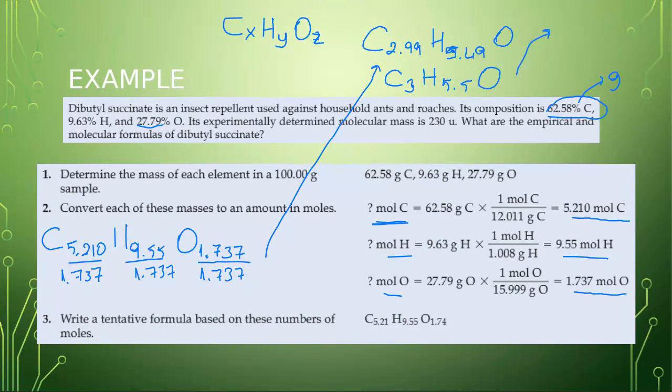We have to multiply all of these subscripts by 2, because we do not have a whole number for the hydrogen. If we multiply all of these atoms by 2, carbon will be 6, hydrogen will be 11, and oxygen will be 2.